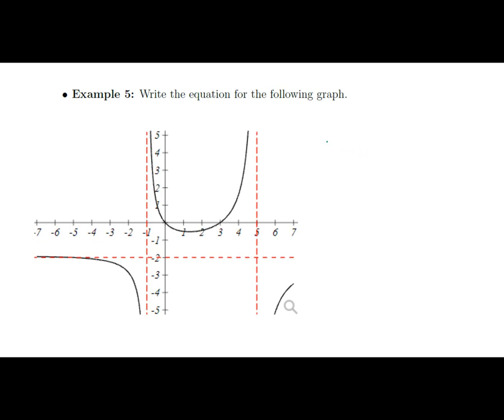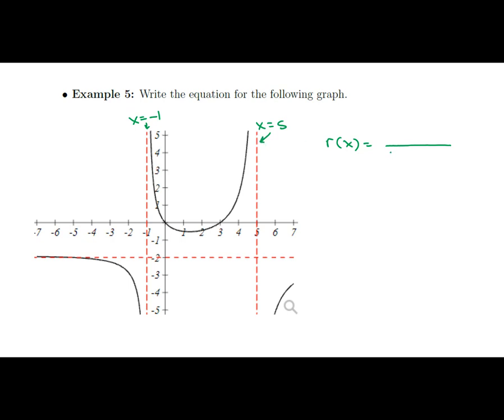So, I can see here, first of all, if I start to write this out, we have x equals 5 and x equals -1 as vertical asymptotes.